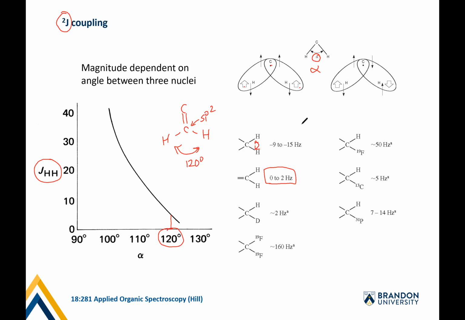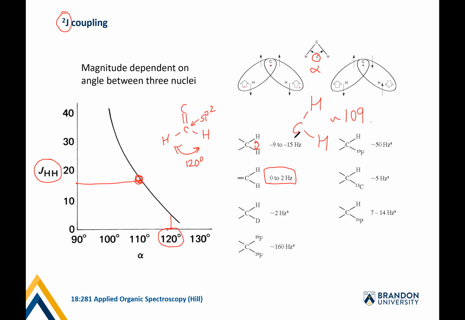So what's the bond angle between two protons on an sp3 hybridized carbon? It's approximately 109, right? It's funny that these J values are so high here, because 109 gets you to around 15. So here we go, 109, somewhere in the middle here.